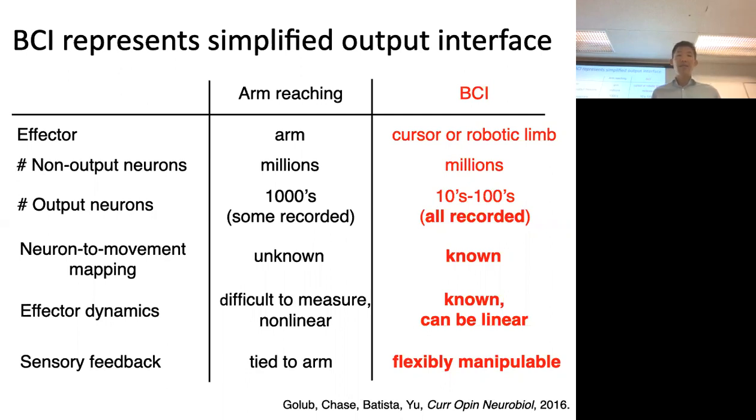Okay, and also sensory feedback, in this case proprioceptive feedback, is not linked to where the cursor is, but linked to the arm, right? So you can imagine designing experiments where you dissociate where the cursor goes from where the proprioceptive feedback goes, and ask questions about proprioception. Okay, other people have done very interesting experiments. We're not going to talk about that today.